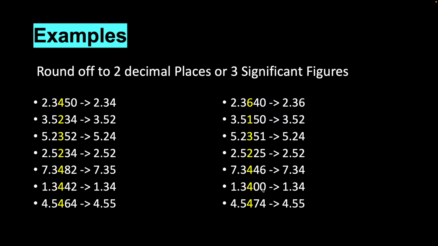Here after the cutoff digit the number is less than 5, it means that we will leave the cutoff digit as it is, so it is going to be 1.34. Now after that we have got 4.5474. After this cutoff digit we have got 7, which is greater than 5, it means that we will increase the cutoff digit by 1, that is 4.55.